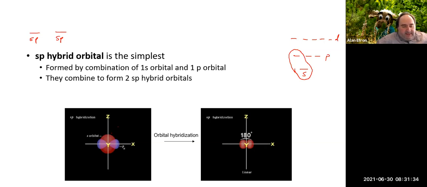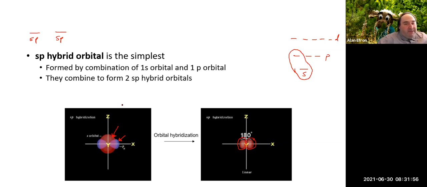You can see this circle here is your s orbital. There's our p orbital on the particular axis, that figure 8 shape in blue. And when they come together, they make these two hybrid orbitals that are kidney shaped, again equal in terms of energy.